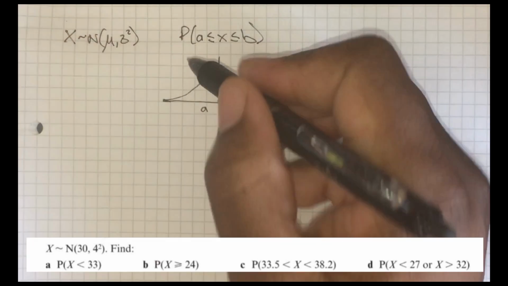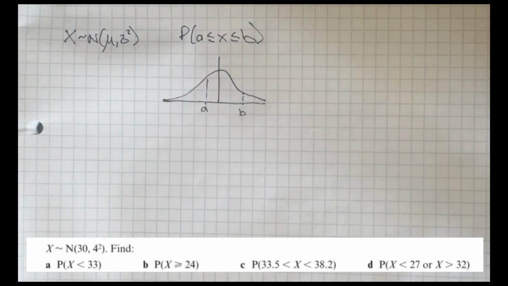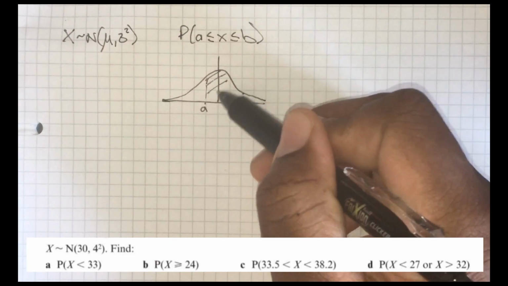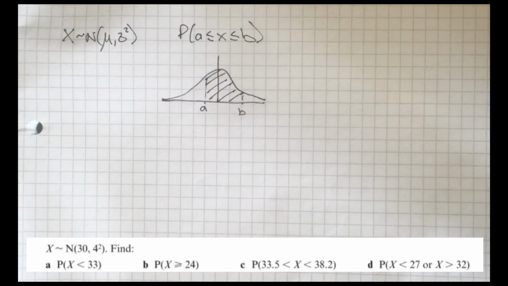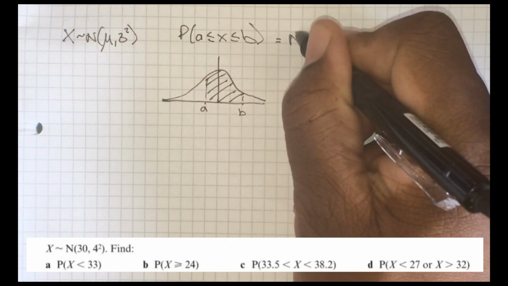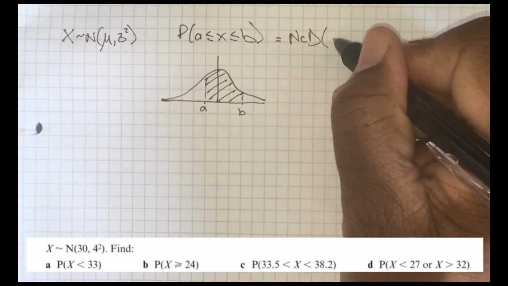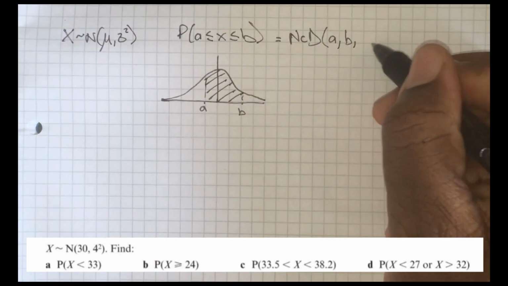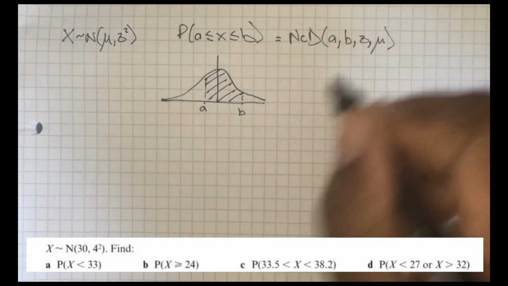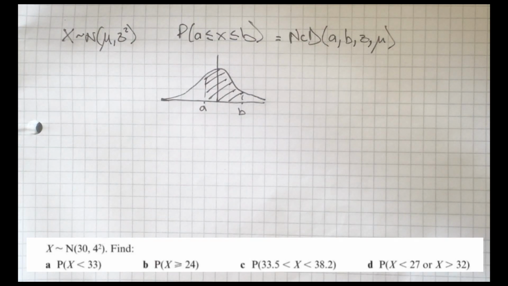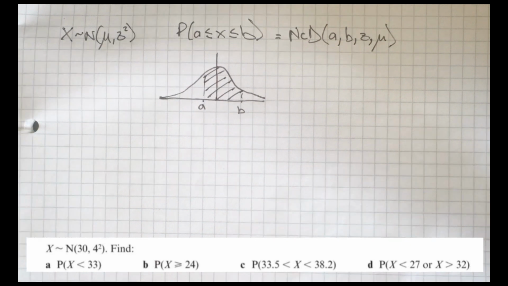So, a normal distribution has two parameters, the mean, mu, and the standard deviation, sigma. If I wanted to find the probability between two values, A and B, I could sketch a diagram and I'll be looking for this shaded area. The syntax on your calculator to calculate that probability is as follows.